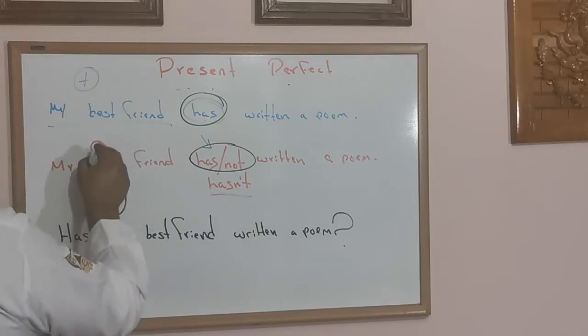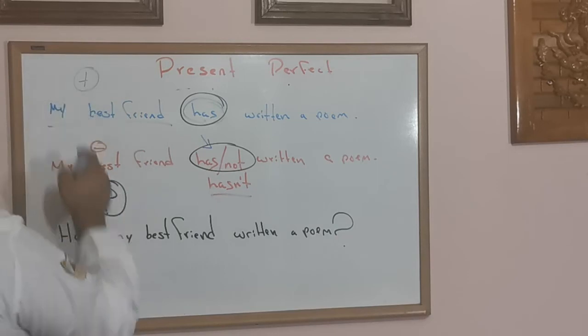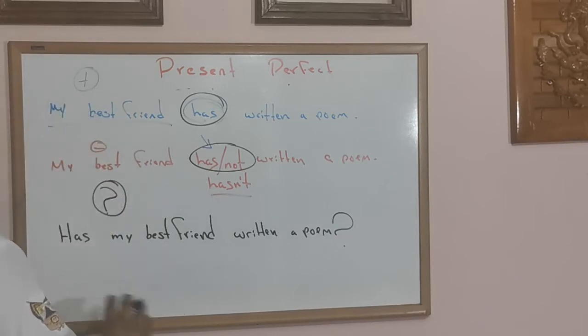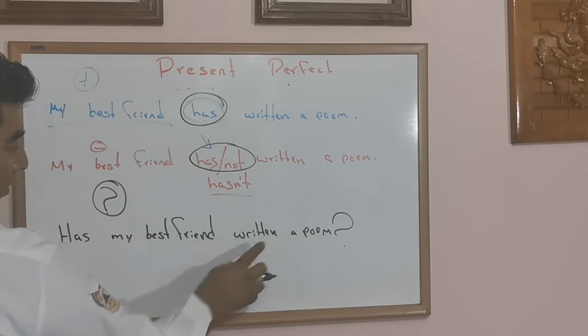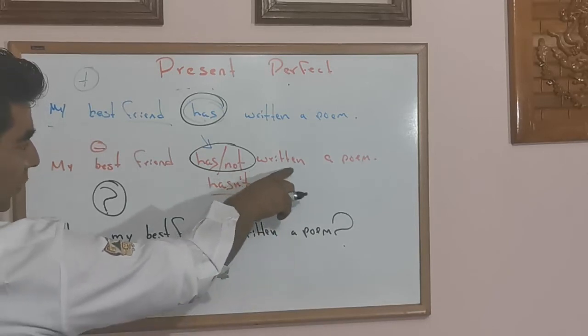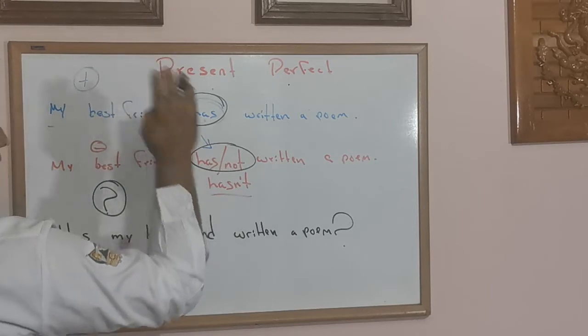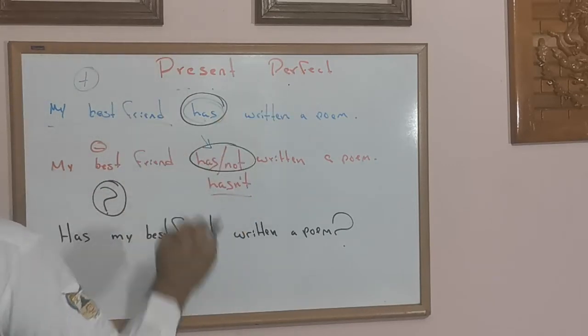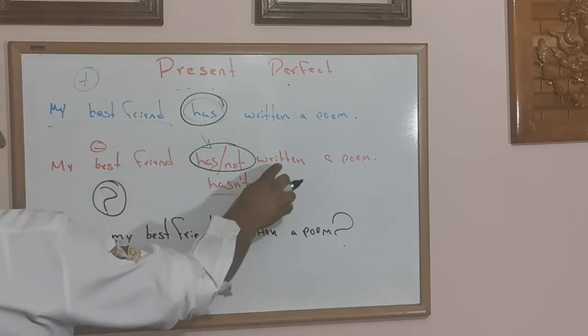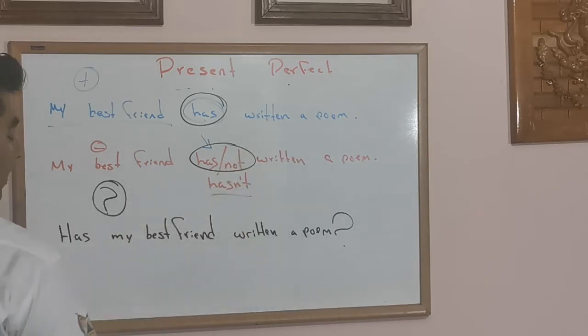So questions, negatives, and affirmatives. Same thing, you use the verb in the past participle. Look, written, written, written. All the time, all the simple perfect tenses will use the verb in the past participle, right?